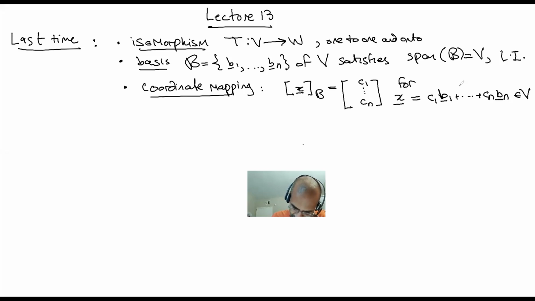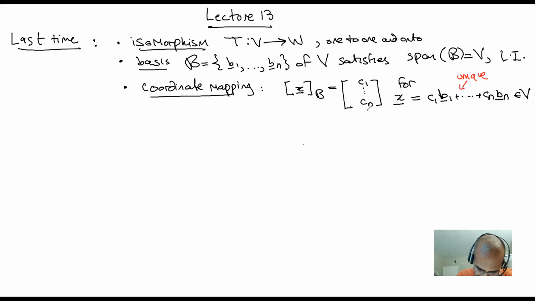Because it's a basis, this is a unique linear combination. The key thing in the coordinate mapping is that the number of entries in this vector is equal to the number of elements in the basis. So in particular, this vector lives in Rn.